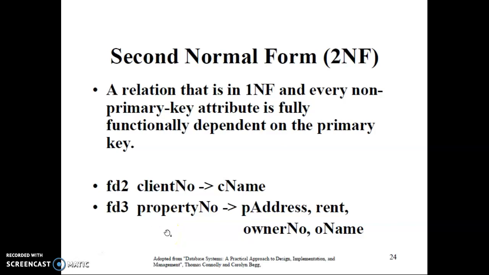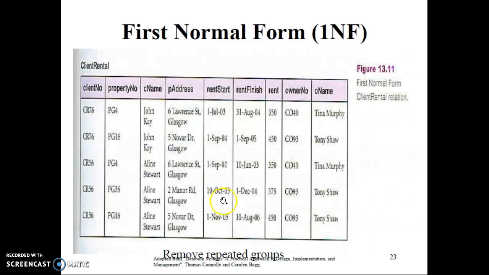But the property rented attributes, rent start and rent finish, are fully functionally dependent on the whole primary key, that is the client number and property number attributes. That is, to know rent start and rent finish, we have to know both the values, client number and property number.